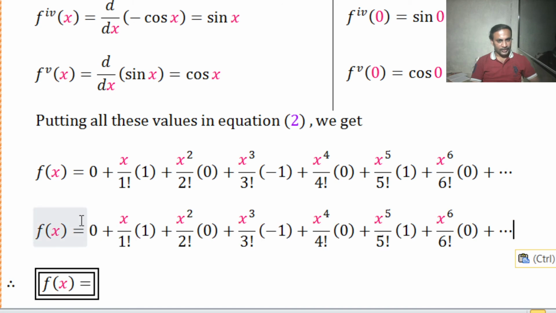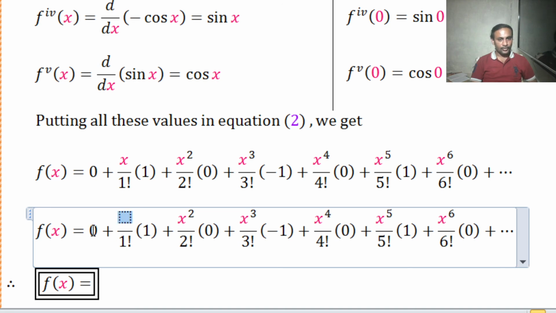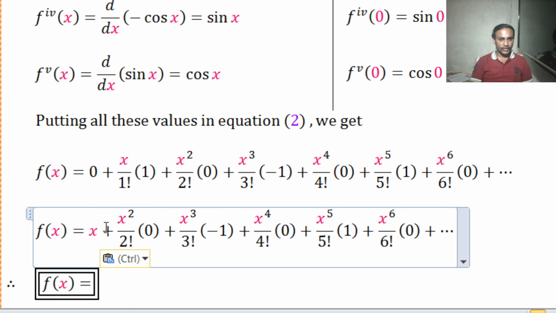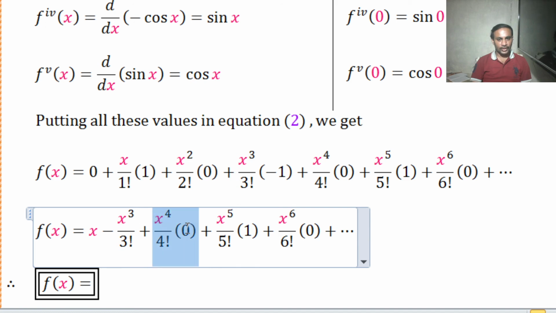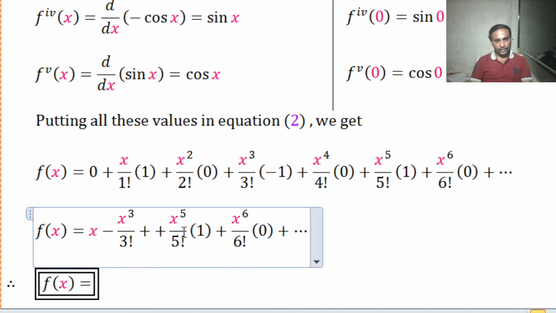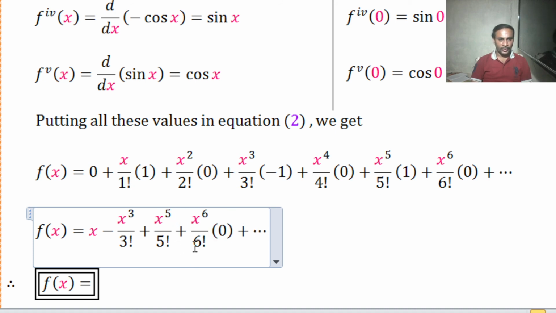After simplification of this part we get x upon 1 factorial into 1, which is x only. Now we can ignore the term x square upon 2 factorial into 0. The remaining term is minus x cube upon 3 factorial. We can ignore the term x raised to 4 upon 4 factorial. The next term is x raised to 5 upon 5 factorial.